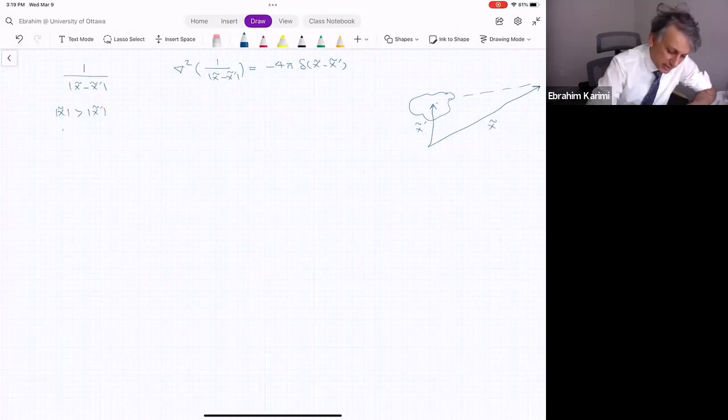And the one that is greater, we label it with R greater, this one is the larger distance. And the other one is R smaller.